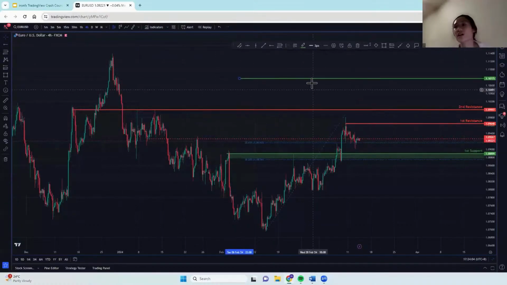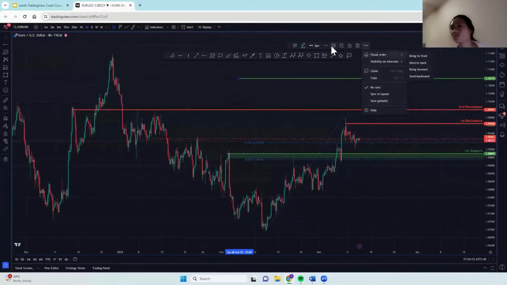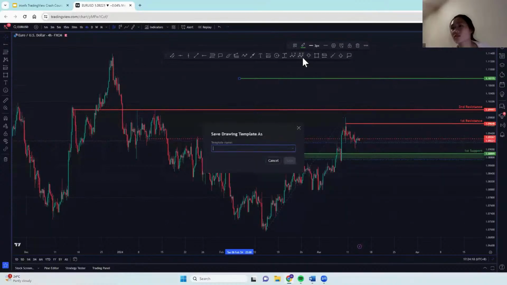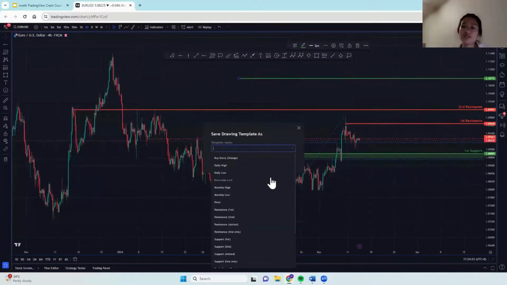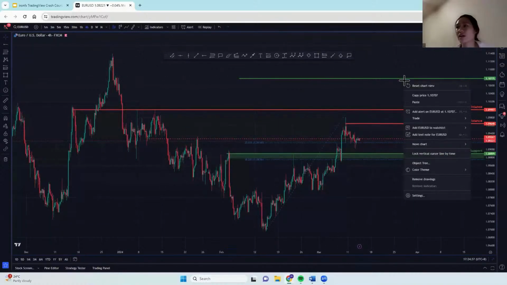Okay, I think you can actually add in a drawing template here. So for example, there are all of these different names, but let's say I want to add a third resistance.